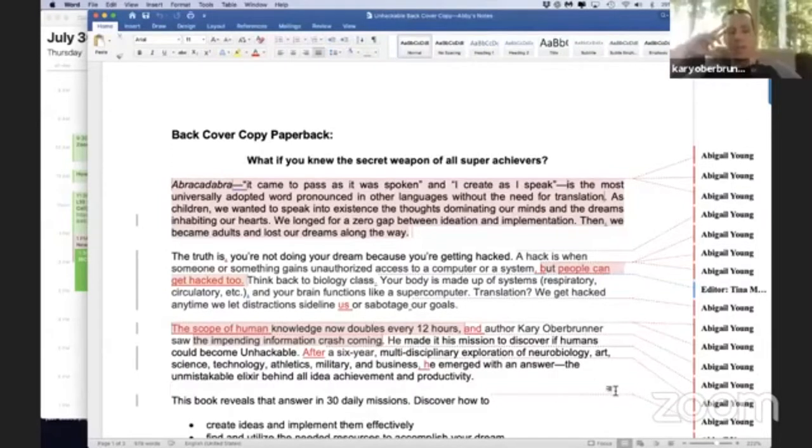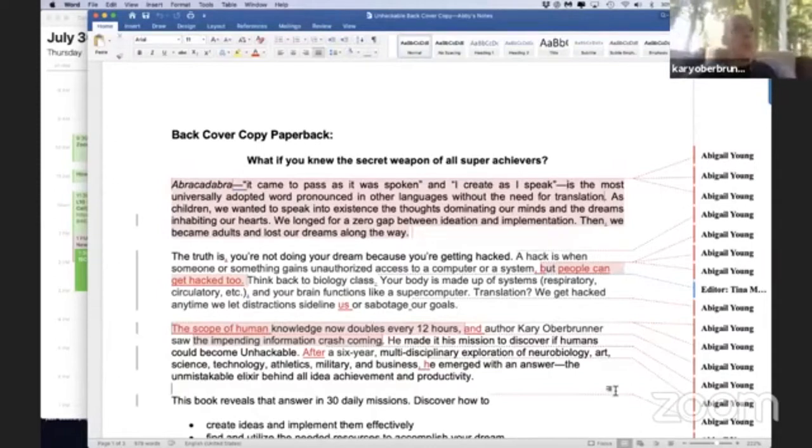I'm going to say the busy, overworked, overstressed entrepreneur. Okay. And what do they want instead of being overworked and super stressed? Instead of seeing their dream always get hacked, it keeps getting pushed further and further.